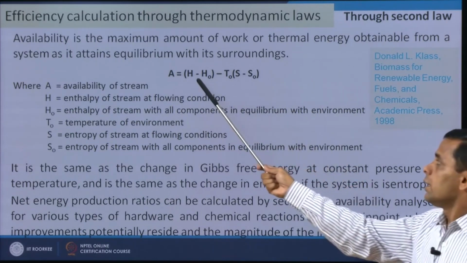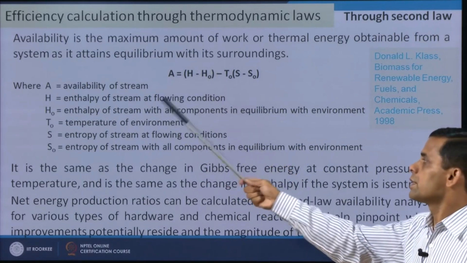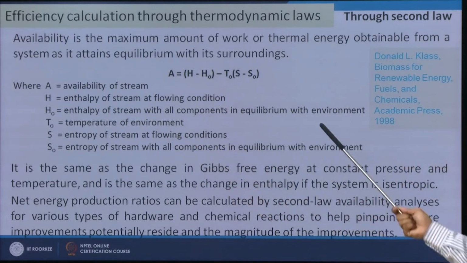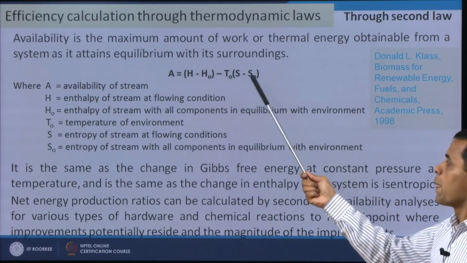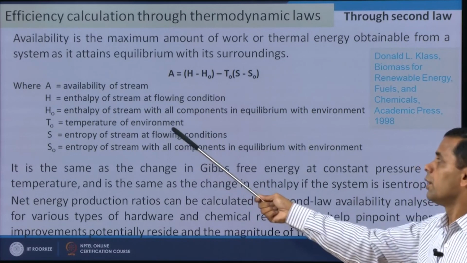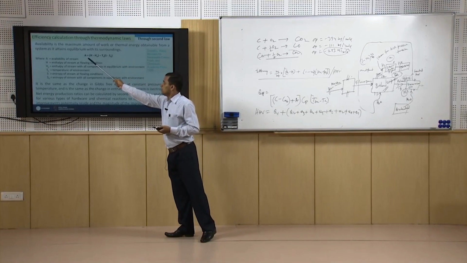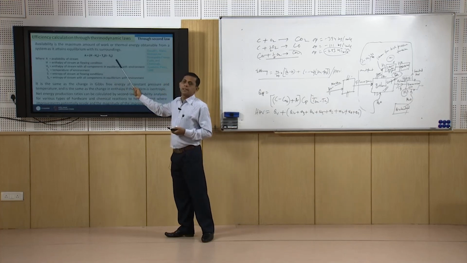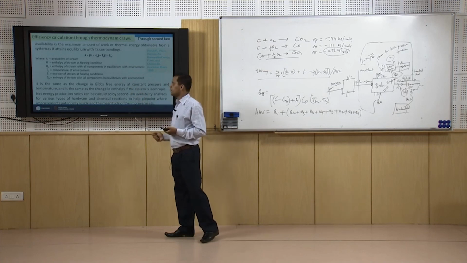H is the enthalpy of the stream at flowing condition, and HO is the enthalpy of the stream with all components in equilibrium with the environment, and similarly S and SO, and TO is the temperature of the environment. Now this is similar to del G equal to del H minus T del S, which gives the free energy relationship.